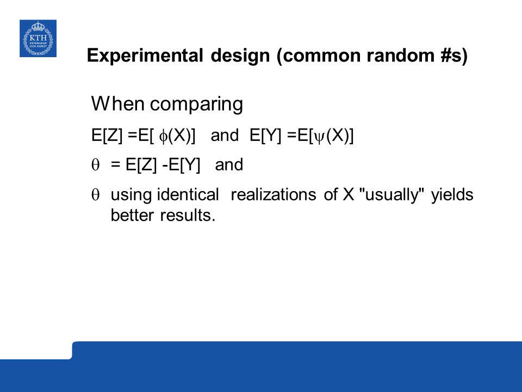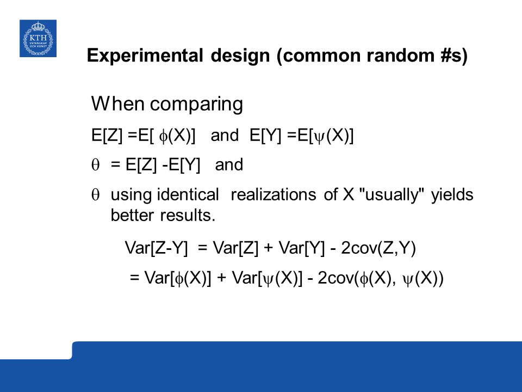The motivation for this is that if you look at the variance of the difference z minus y, we can see that there is a variance of z plus variance of y, and they have this negative covariance term. If we plug in that z is phi of x and y is psi of x, we get this relationship, and we can see the covariance between phi of x and psi of x.